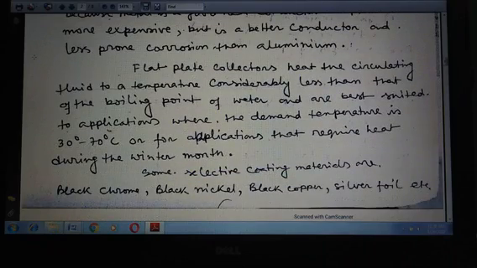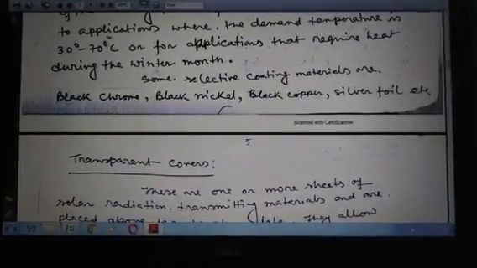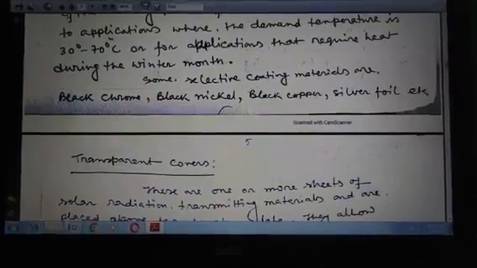Now the flat plate collectors heat the circulating fluid to a temperature considerably less than the boiling point of water, and are best suited to applications where the demand temperature is 30 to 70 degrees centigrade, for applications that require heat during the winter months. Some selective coating materials are black chrome, black nickel, black copper, silver foil, etc.